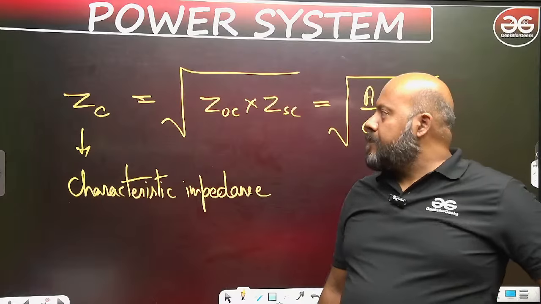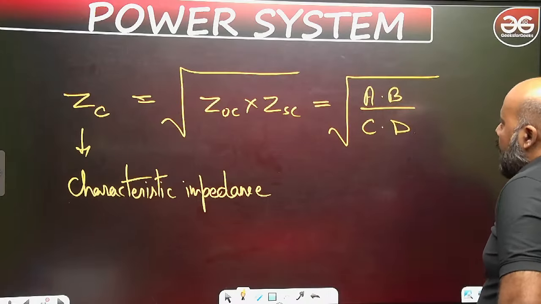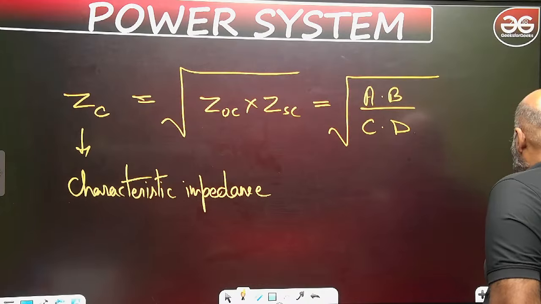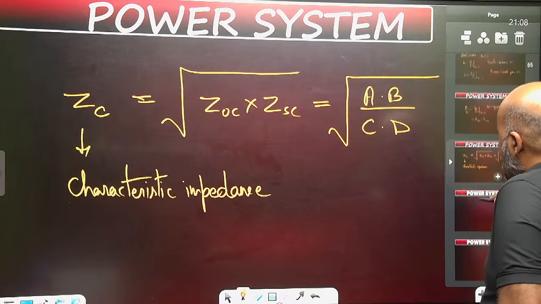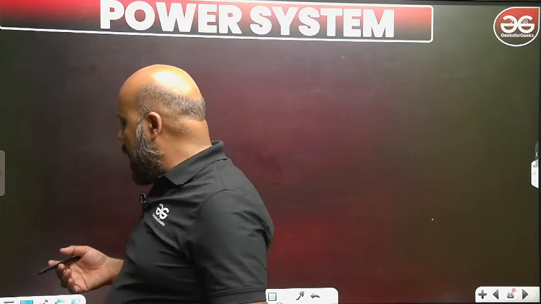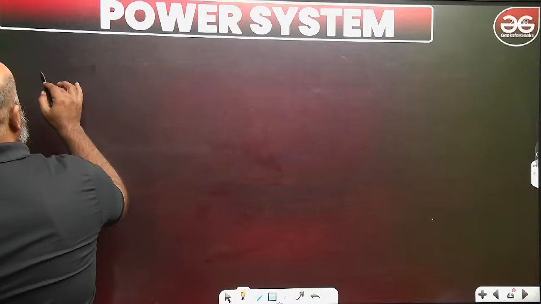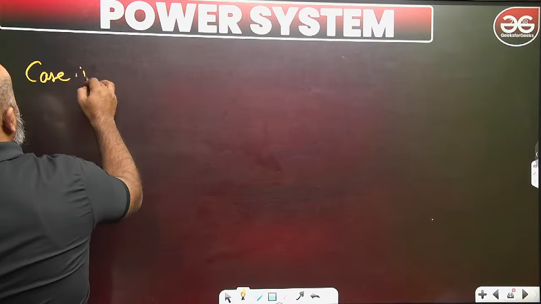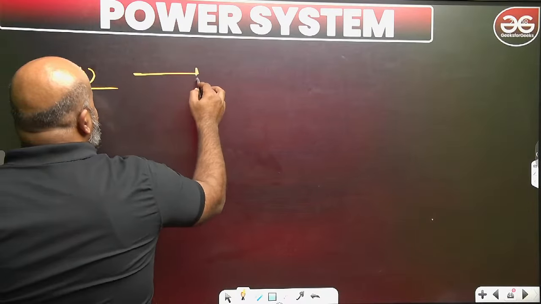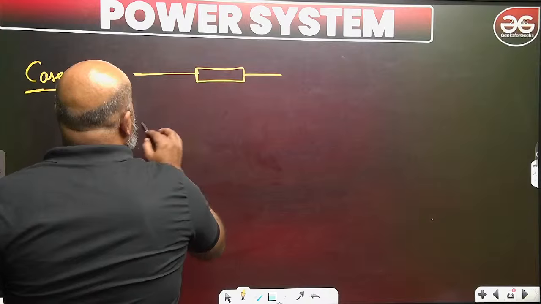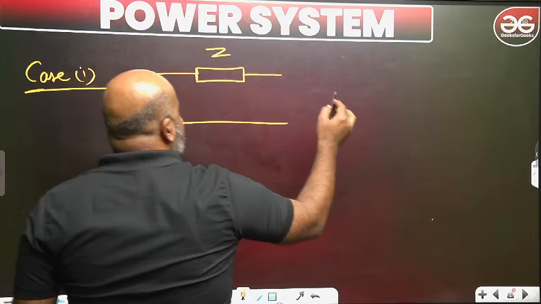Okay, I hope you are getting this, A, B, C, D, and you understand how you are going to do this. Now, let me talk about some standard forms so that you can use them later on when you are writing the ABCD parameters. Suppose this is case 1. Can you write the ABCD parameters?